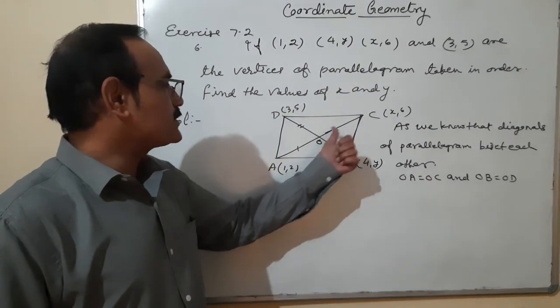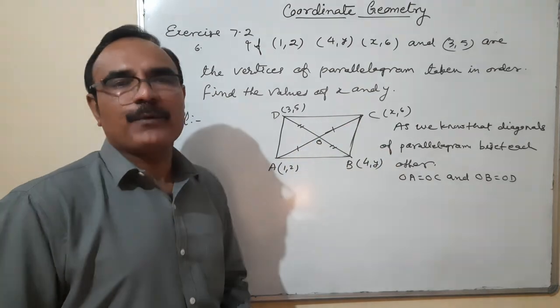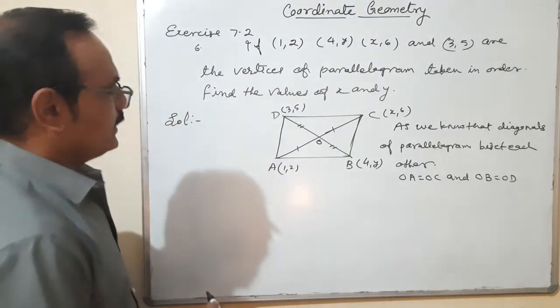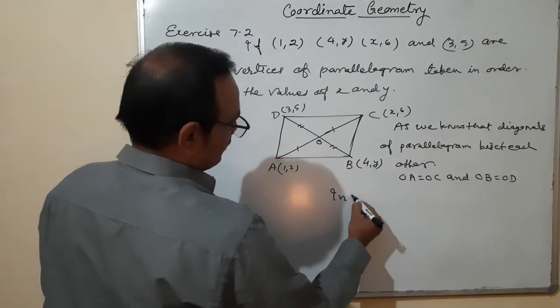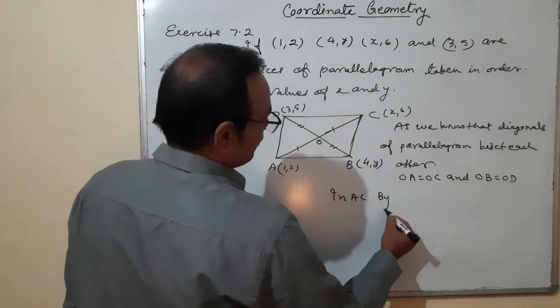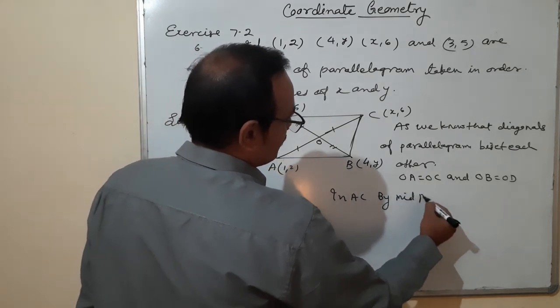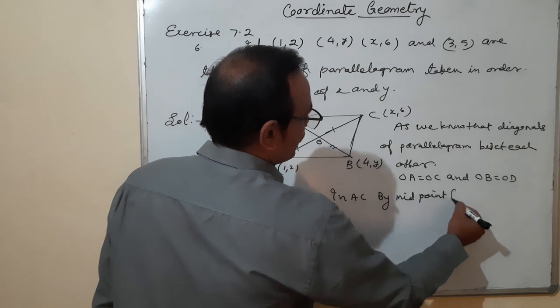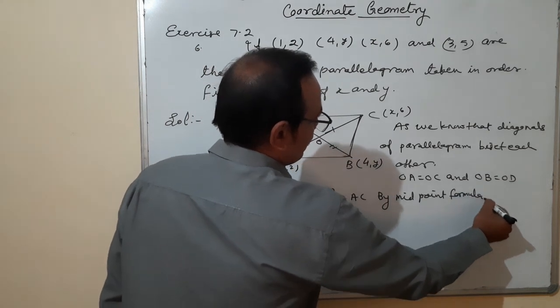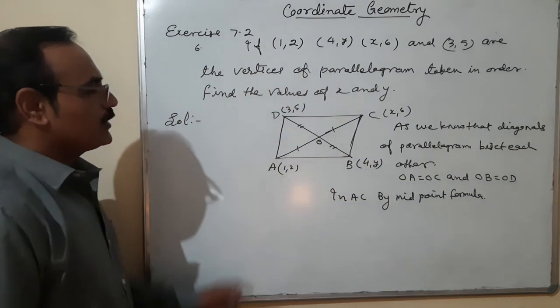If they are equal, what does it mean? In AC, if I use the midpoint formula, can we use the midpoint formula?